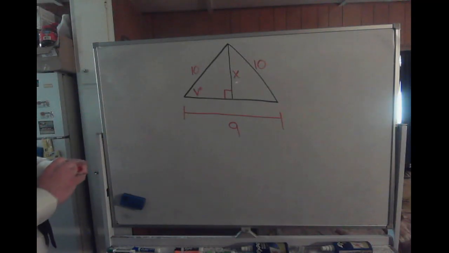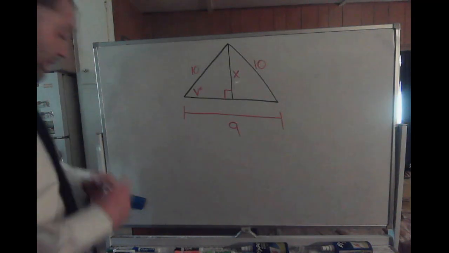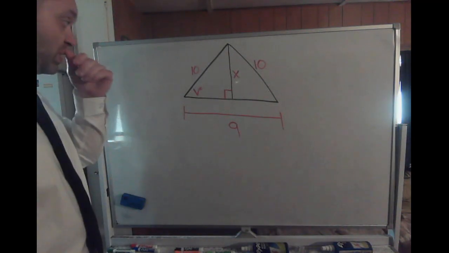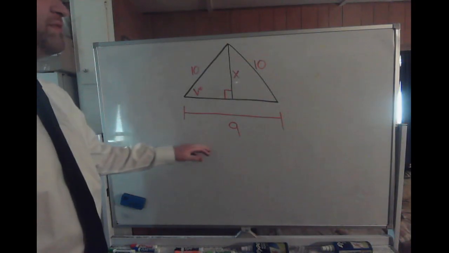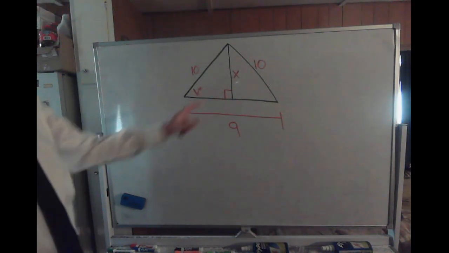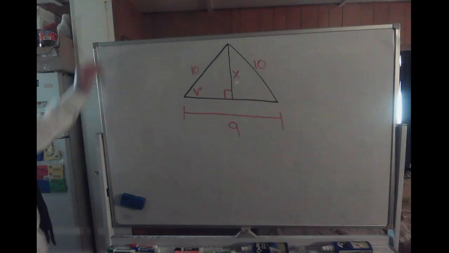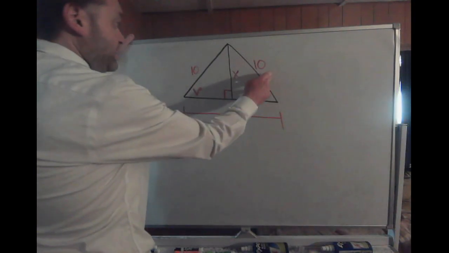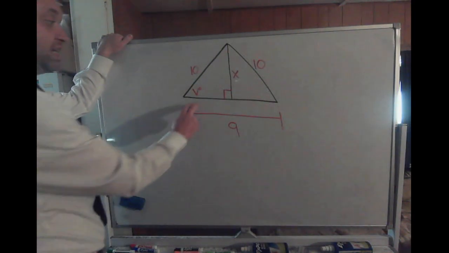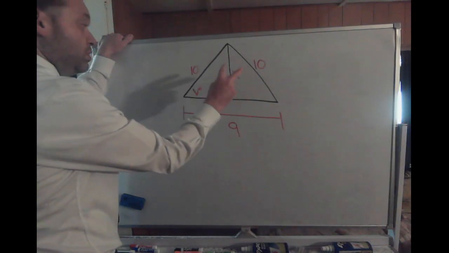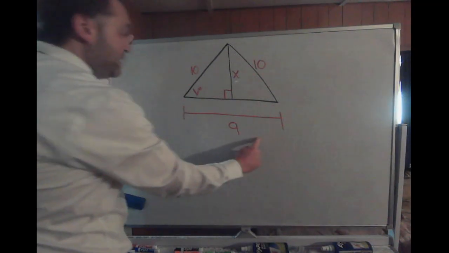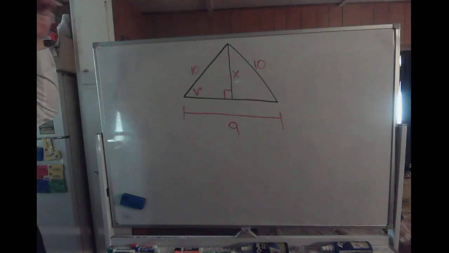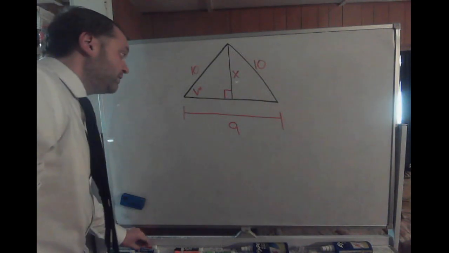Okay, so this time we need to find the value of a length and a degree. We have the hypotenuse of both right triangles being 10. The length of the whole base of the one triangle that these two together form is 9. Well, we need to establish something here first.